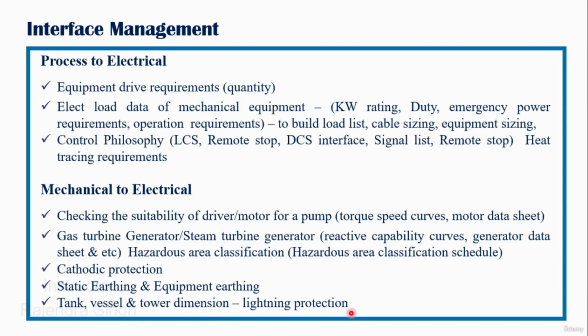So these are the inputs usually provided by mechanical. In many cases, this hazardous area classification or HAC source list is provided by the process team to the electrical team for their equipment selection.